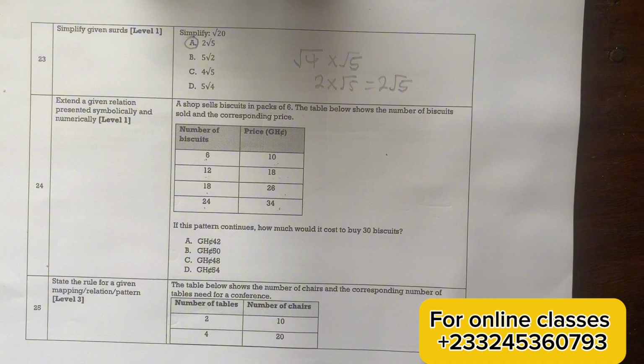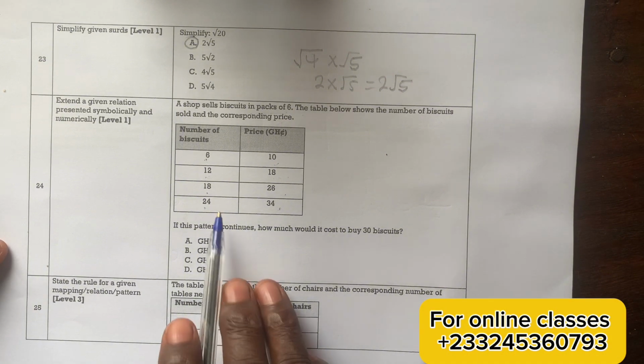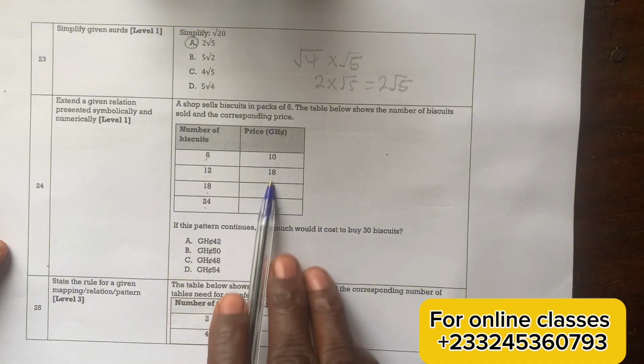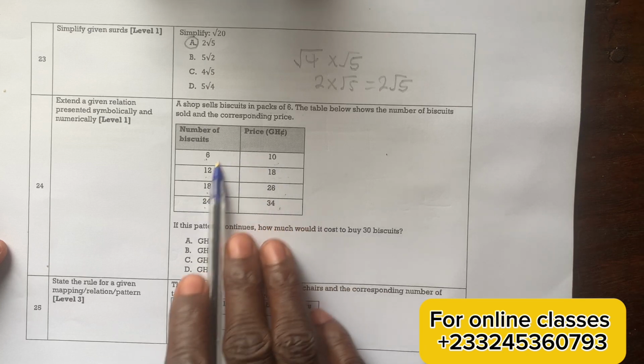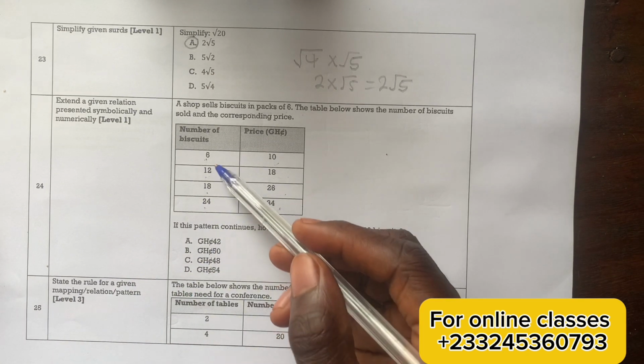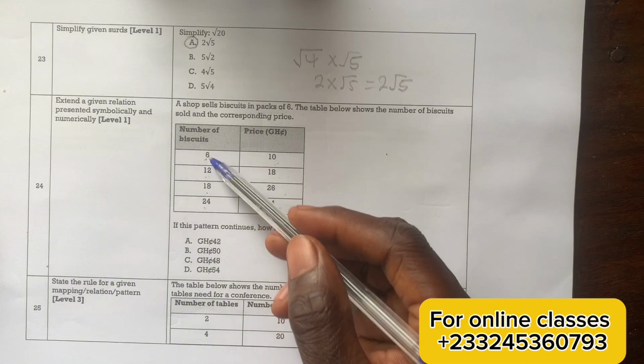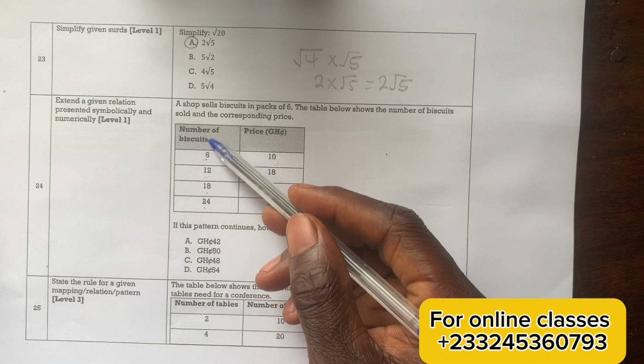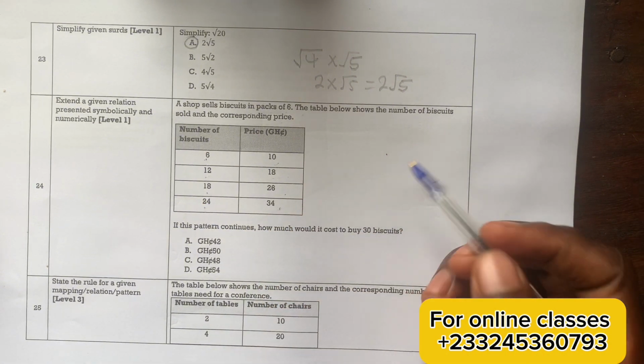Now, this one, it is just mapping that has been represented in a different way. Wow. So let's see. If we let the number of biscuits be n.